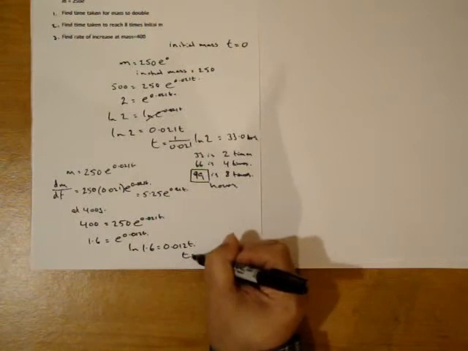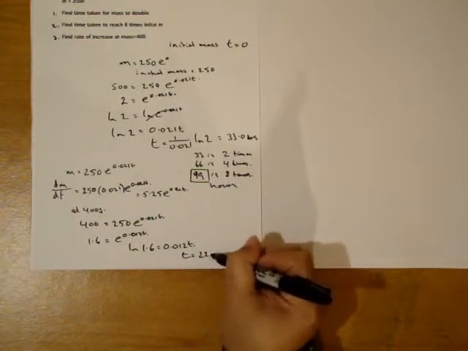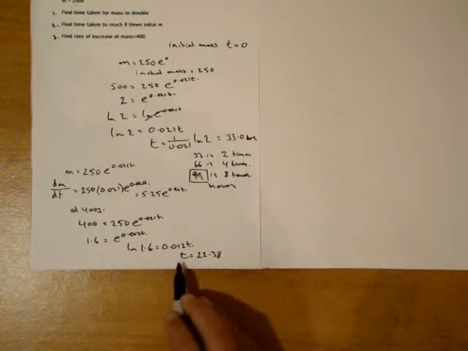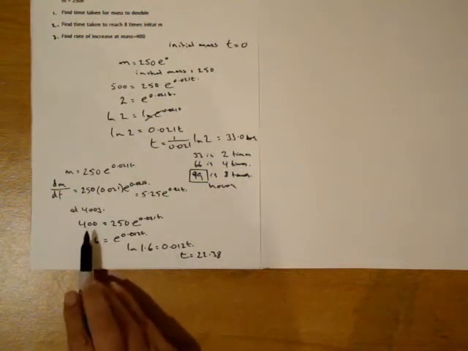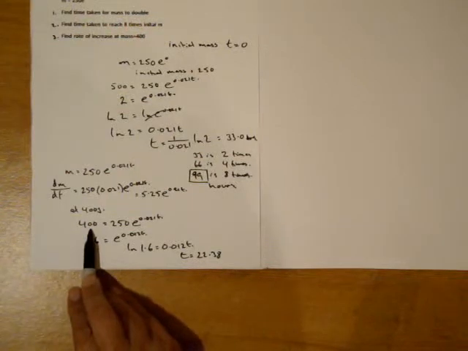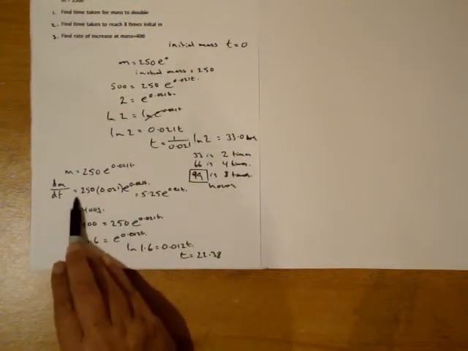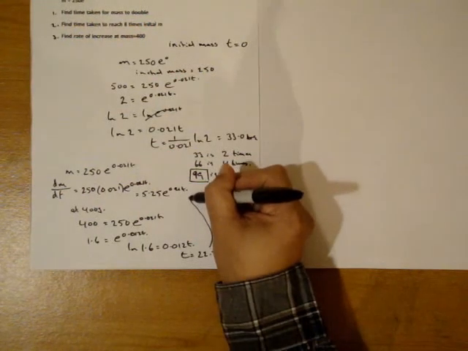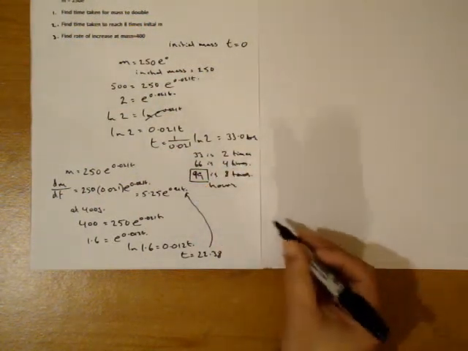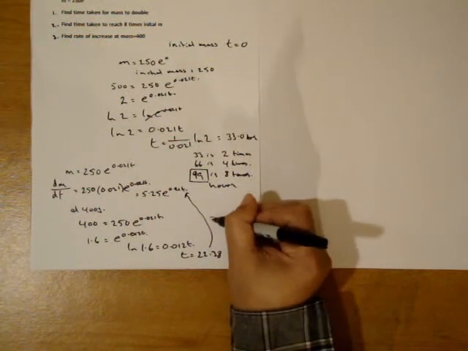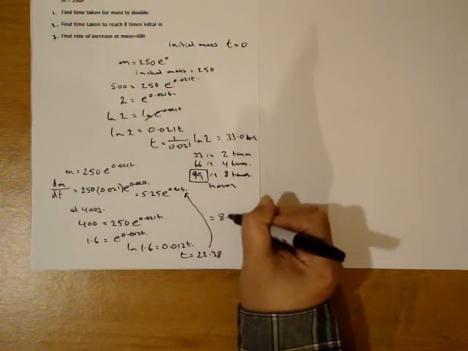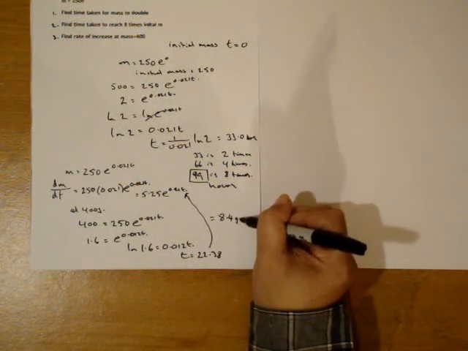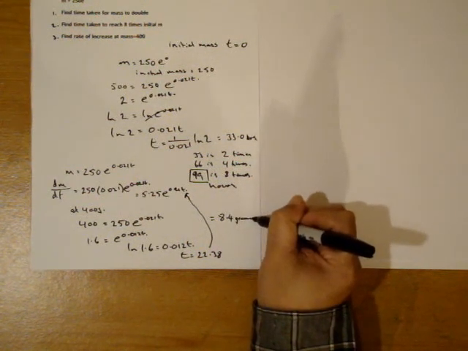So t equals 22.38. Now we know the time taken for it to reach 400, and we know the rate of increase. We just put that t value into there, and we get 8.4 grams per hour.